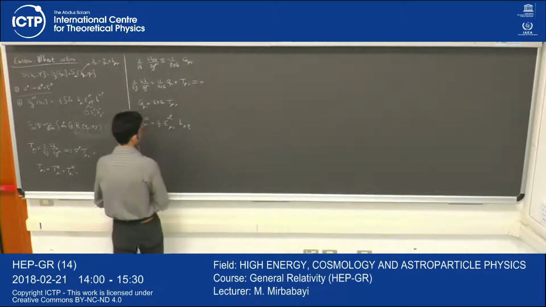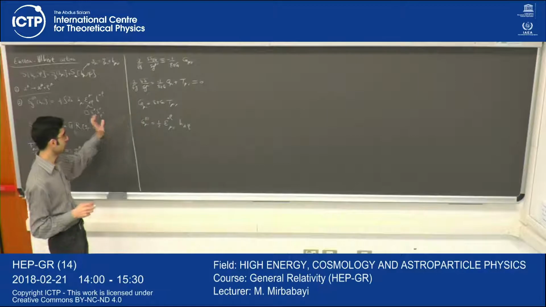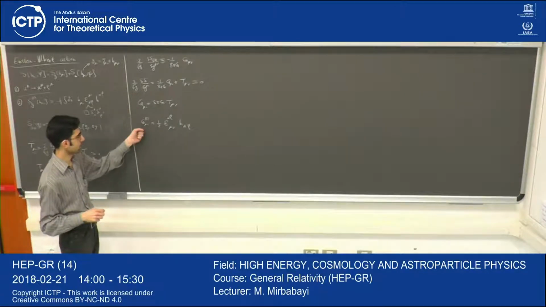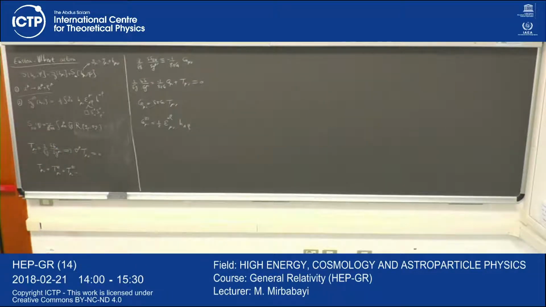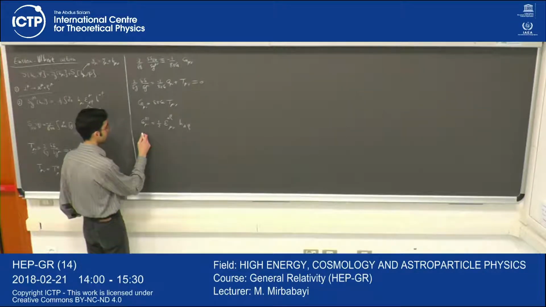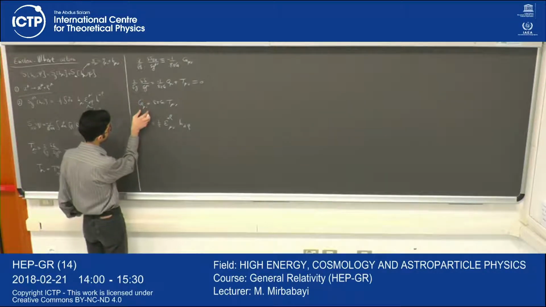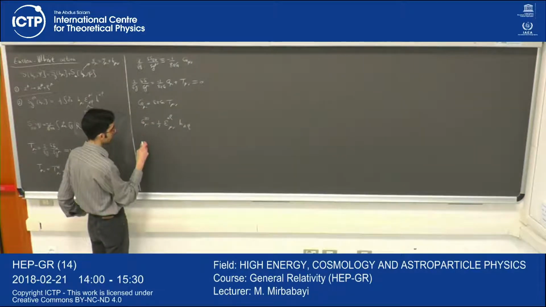Right, so by construction, this G mu nu, this Einstein tensor, when I linearize it, it gives me the linearized equation of motion for h mu nu. So what does it imply? It implies that I can keep the linearized term on the left-hand side and take the rest to the right-hand side.